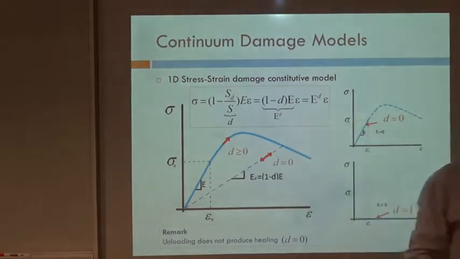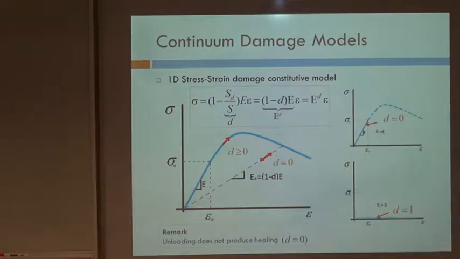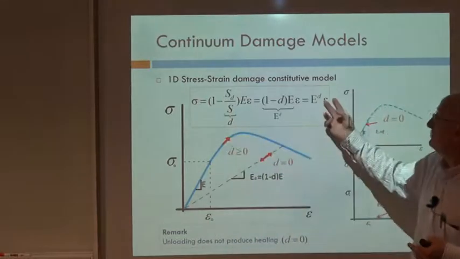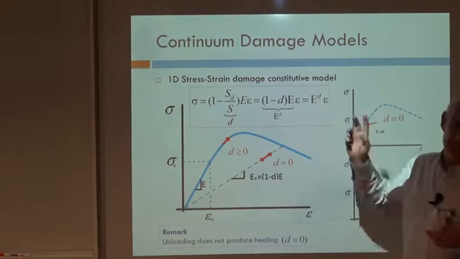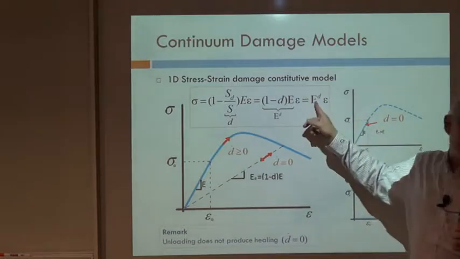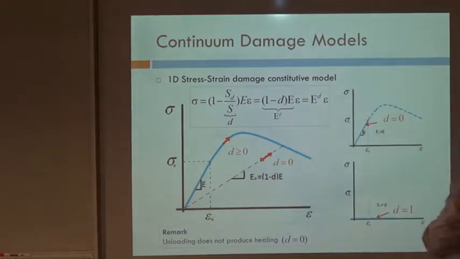Okay? So we can look at this total stress versus total strain as elastic-like constitutive equations with the secant or Young modulus being degraded due to damage, due to this evolution.